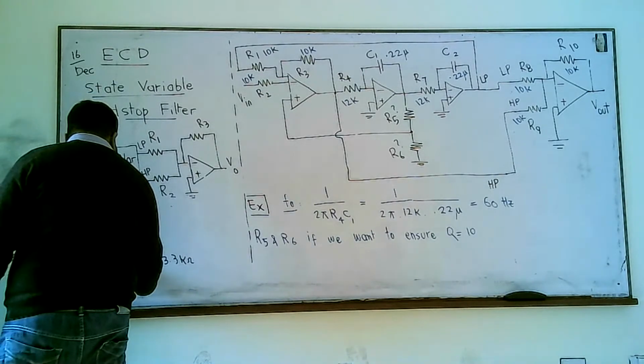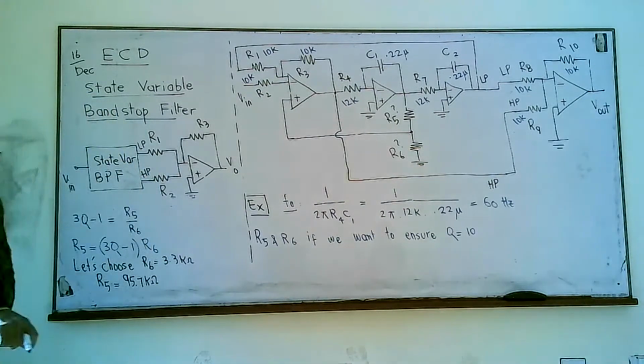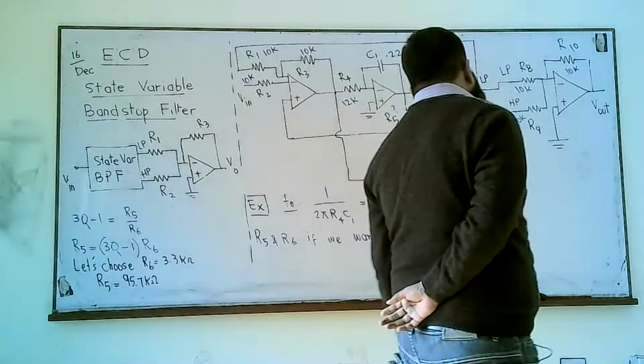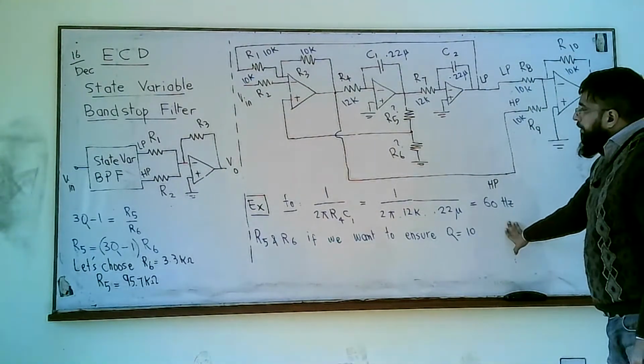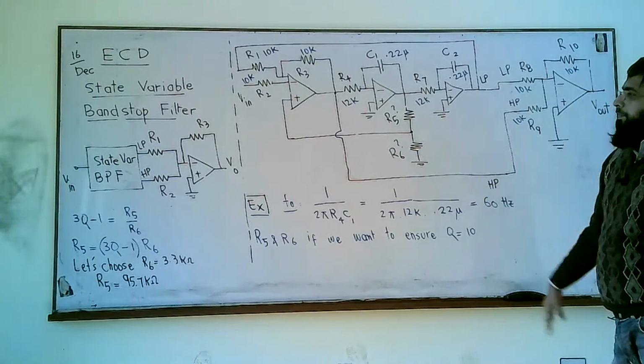So this will ensure a 60 hertz hum suppressor or 60 hertz hum blocker, state variable type band stop filter.